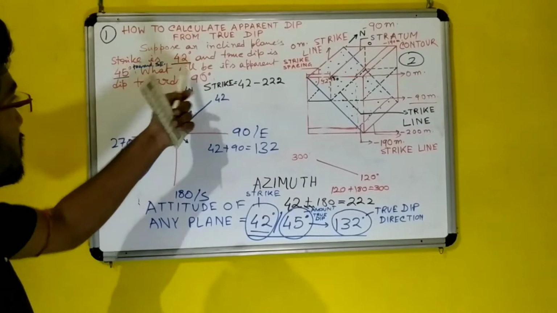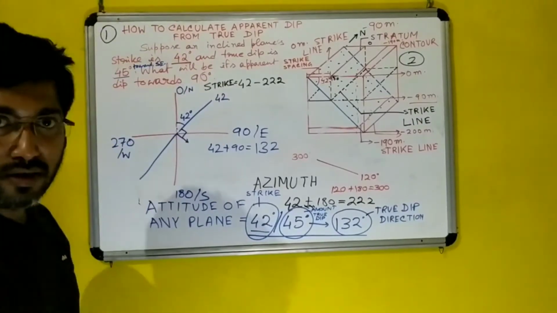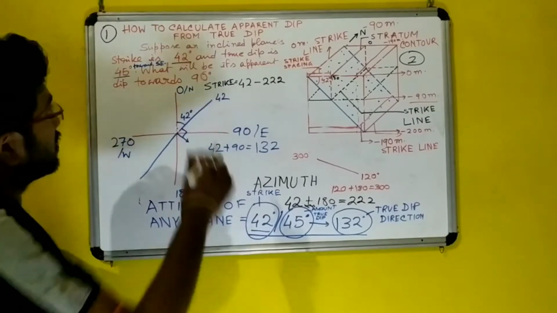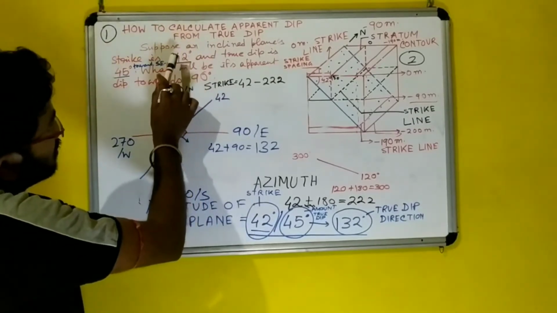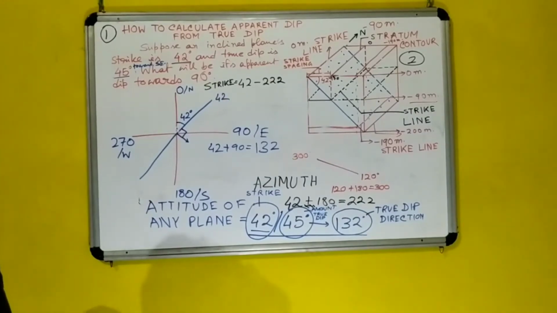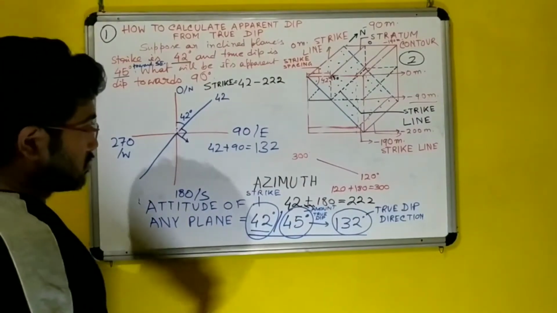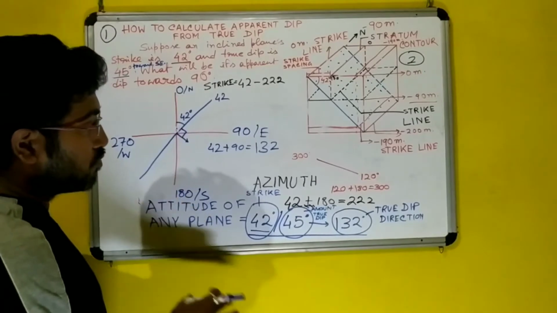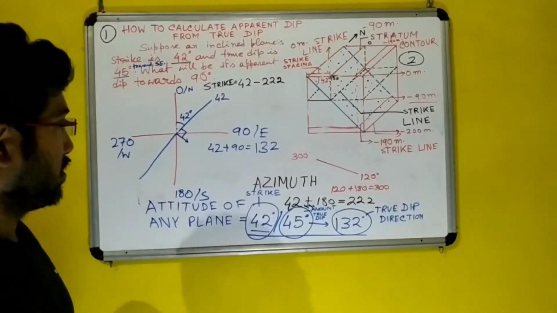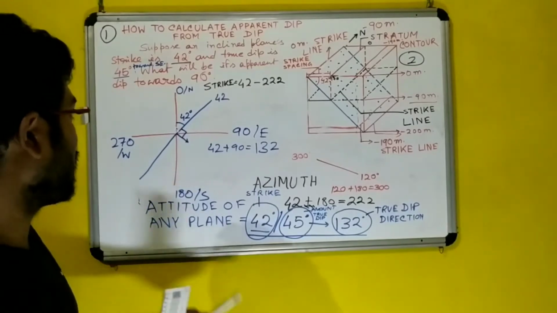Now calculate its apparent dip towards 90 degrees. This question can also come. The question in the form of this and the question in the form of this, both are correct. So you have to learn how to read the structural information given from the beginning of your career.